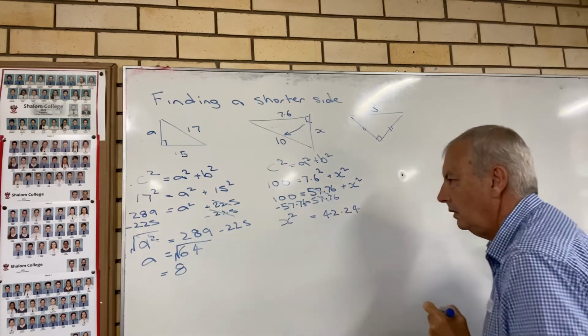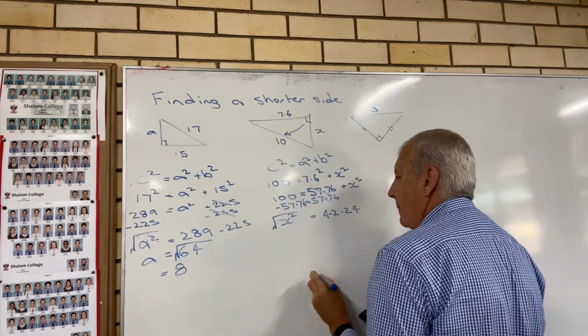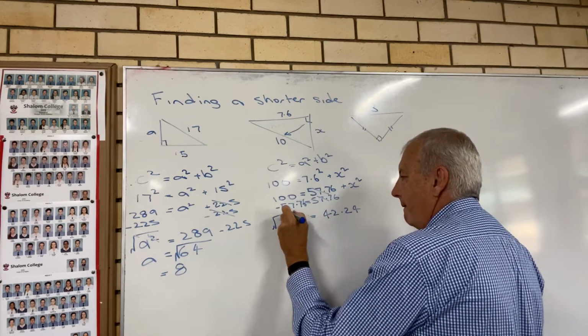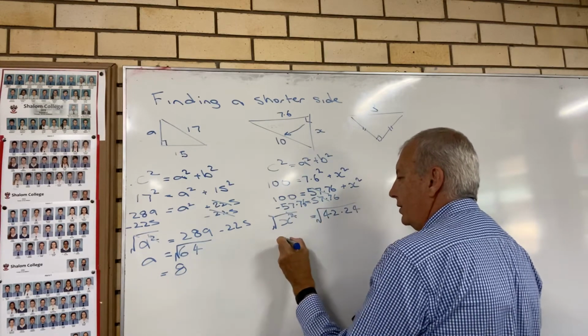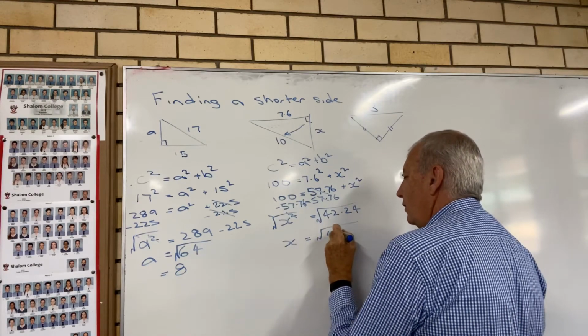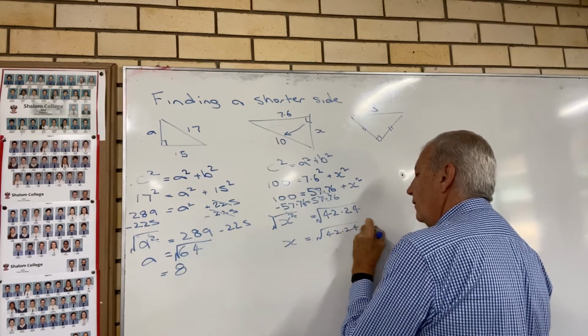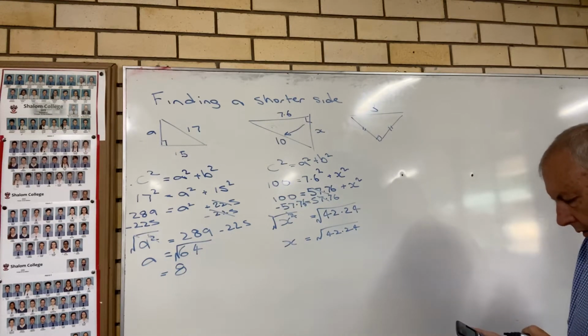42.24. So again, getting rid of our square, they cancel one another out. We're left with x equals the square root of 42.24. Let's see what that equals.